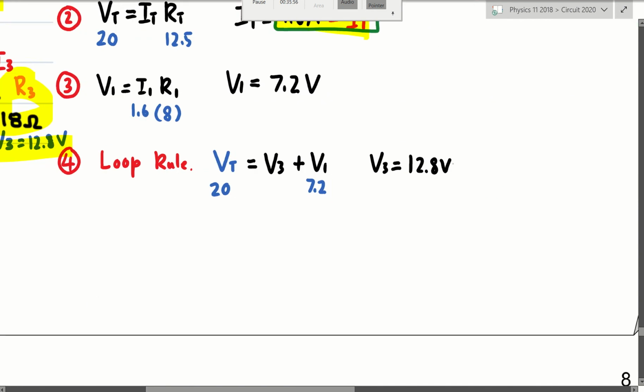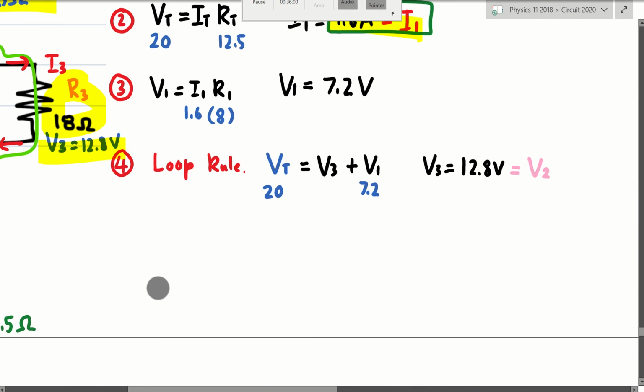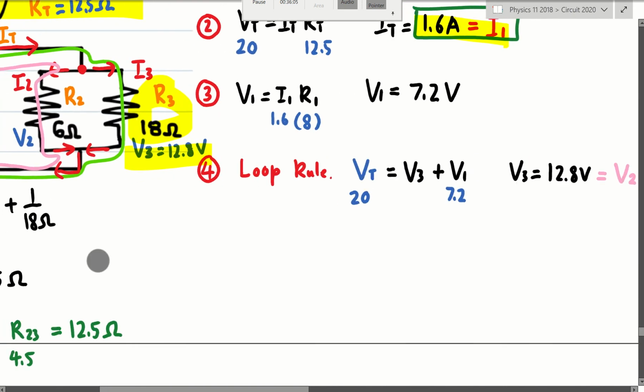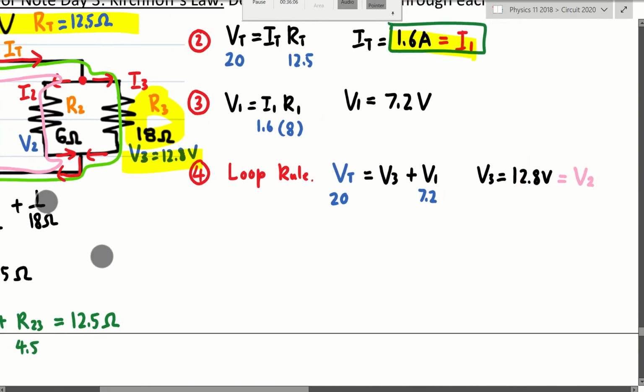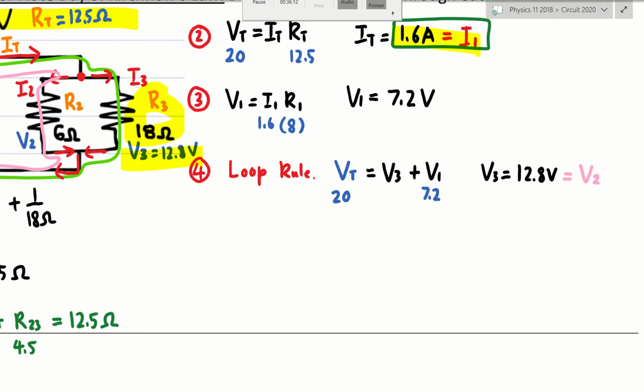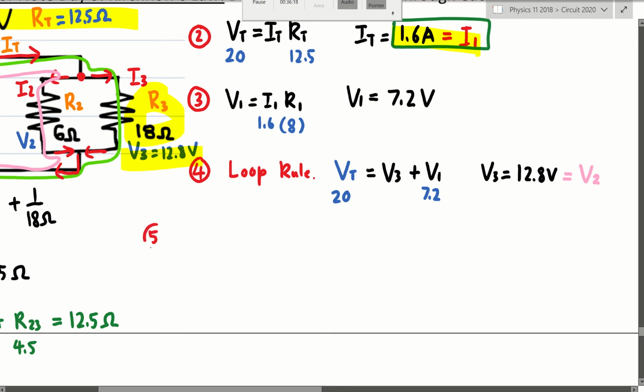So I can also say this is also V2. If I know that this is V2, I have 2 out of 3 things on resistor 2 also, which means I can figure out current number 2 right now. Current number 2 and current number 3 is now done. Two more Ohm's law, we are good to go.